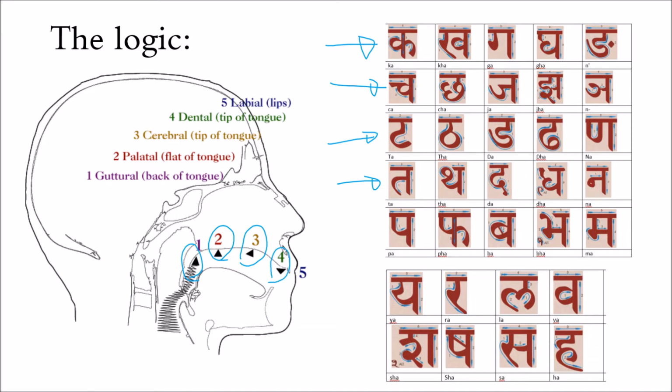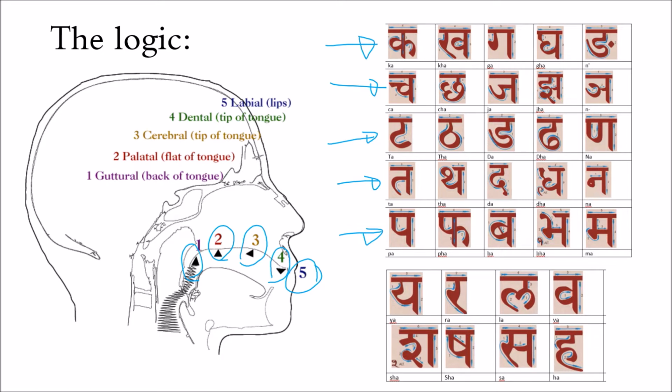They are dental letters. The last one is the line here, pa, pha, ba, bha, ma. This line has the ucharana sthanam as oshtha, or they are the labial letters. The lips are the position for them.